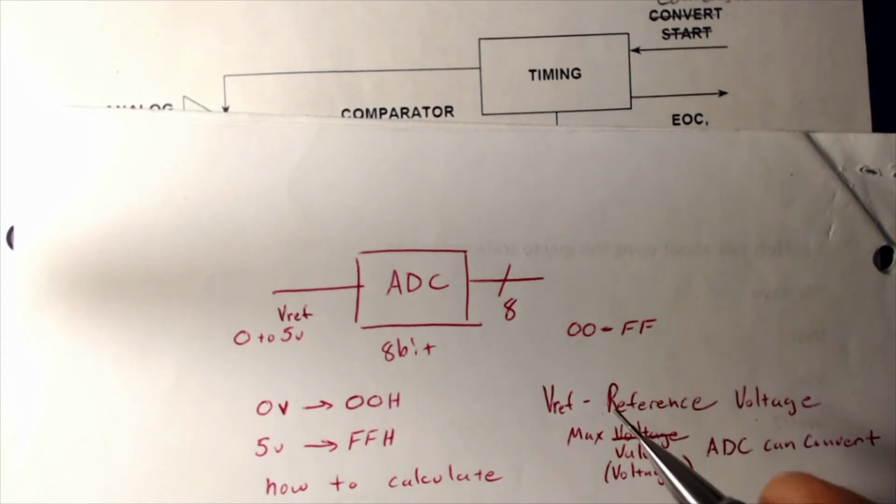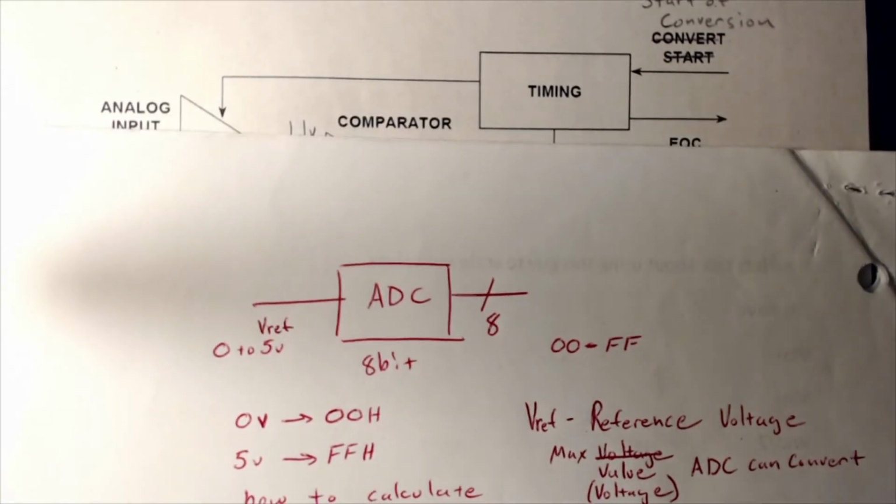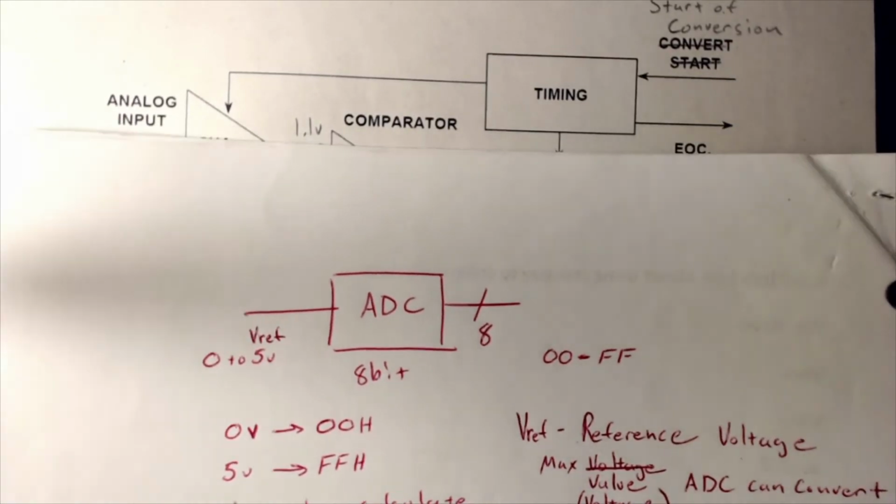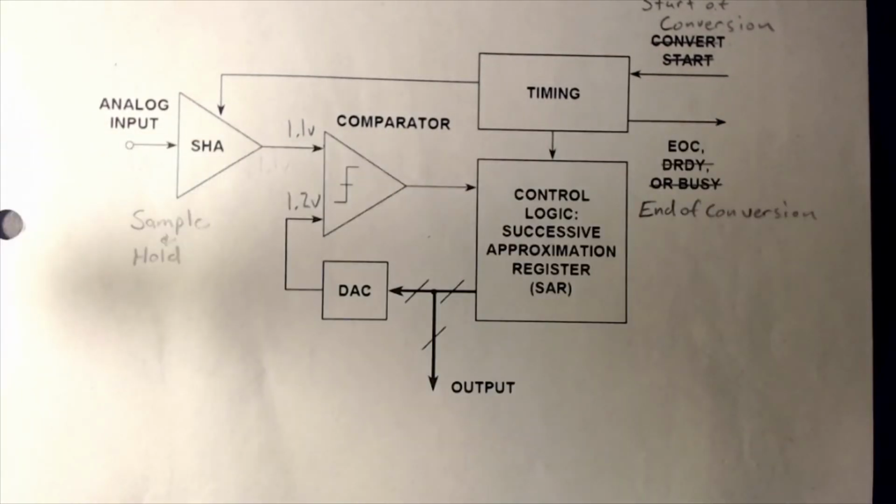Well, a DAC is the same thing in reverse. So let me go over a DAC, and if we understand from the previous portion of this lecture how an analog digital converter works, then a digital to analog converter is not that much more.